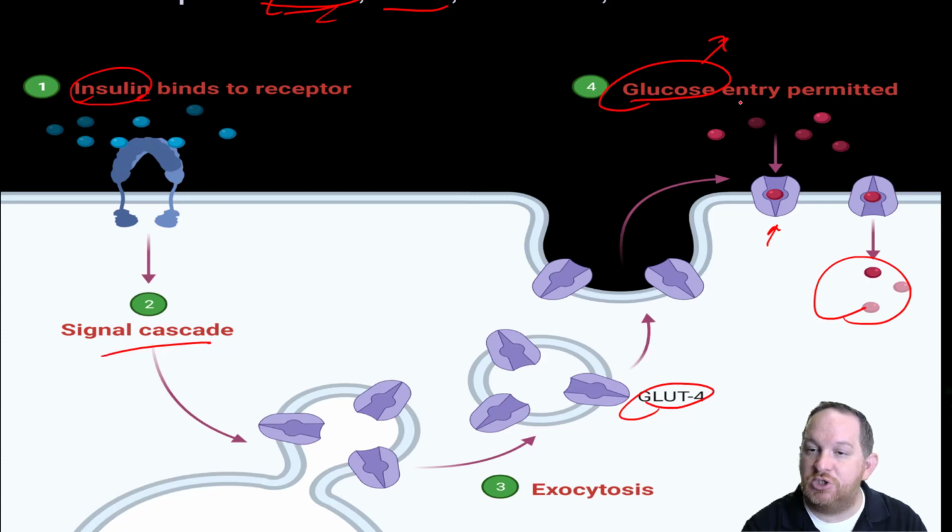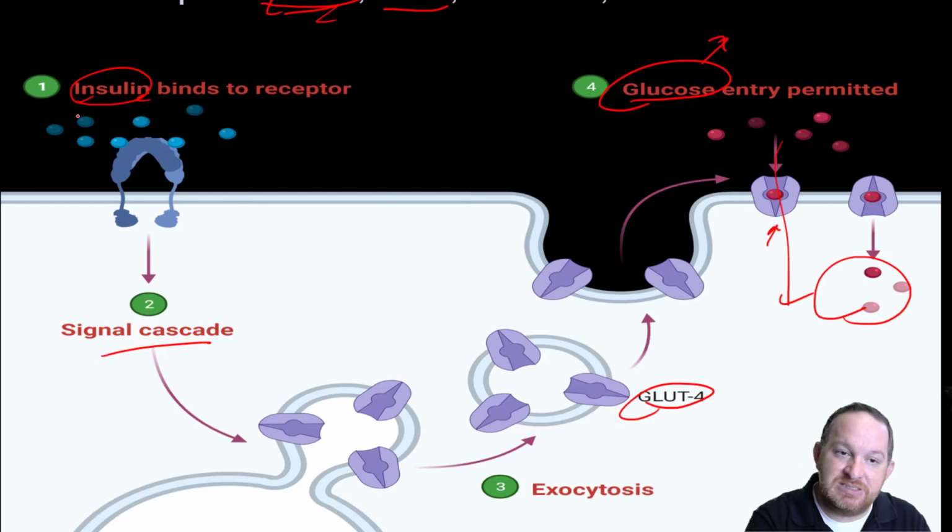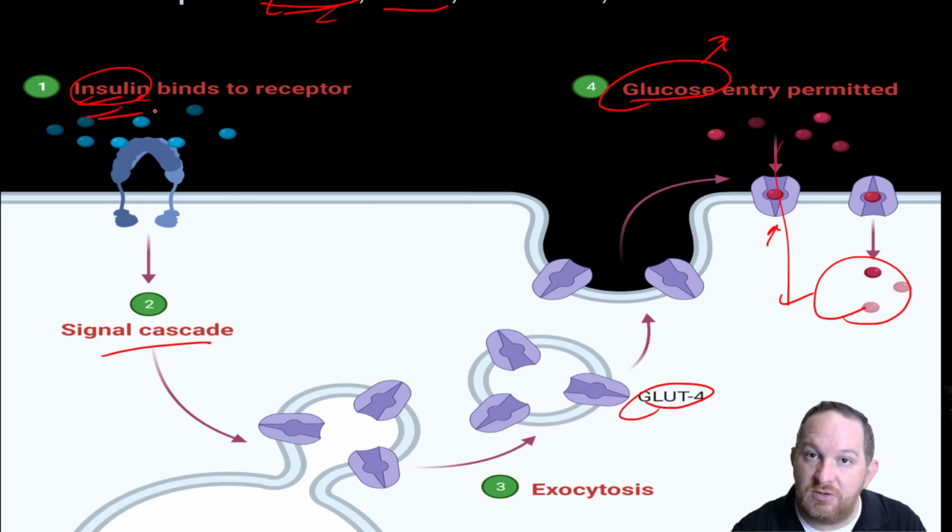So if you've got too much glucose in your blood, you need to bring it out of the blood, store it in the cell. Insulin tells your body to do that, or your cells to do that. Bring in the glucose, store it as glycogen in the liver or something like that.